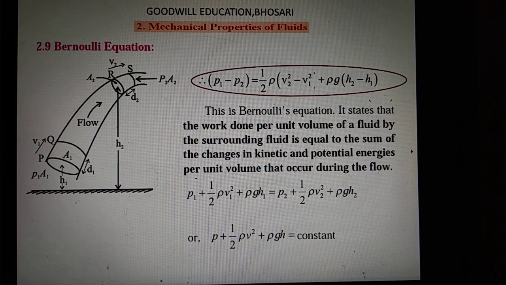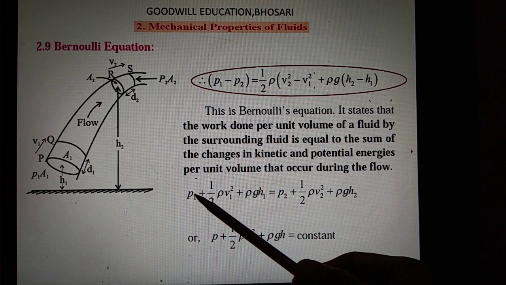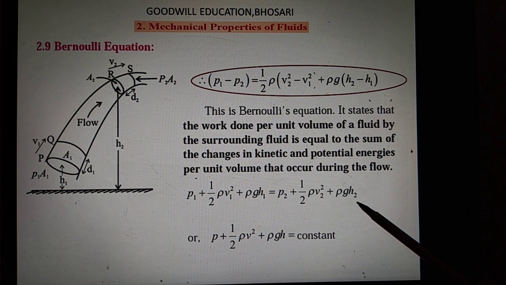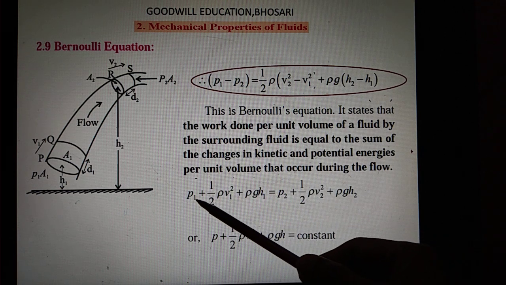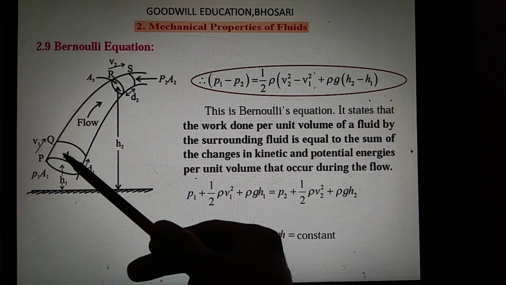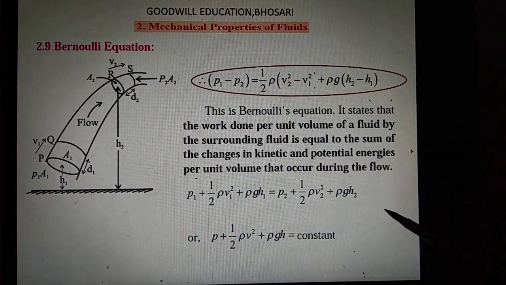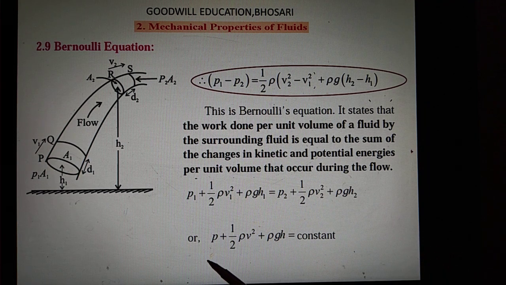This is also one of the modified equations. Now see, this is suffix 1 and suffix 2, so this means that both are constant. So at this point P and this point R, the summation of pressure plus kinetic energy plus potential energy should be constant, and this is nothing but the modified form of Bernoulli's equation. Is it right? Clear?